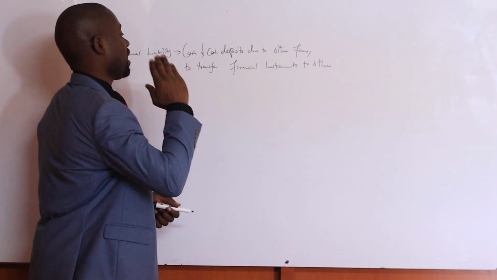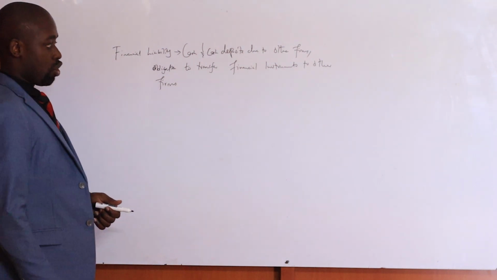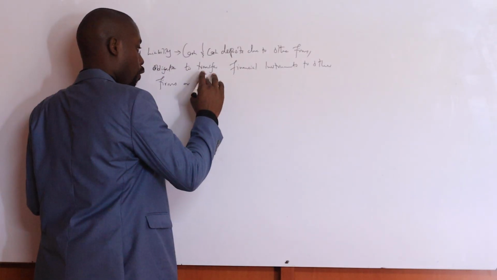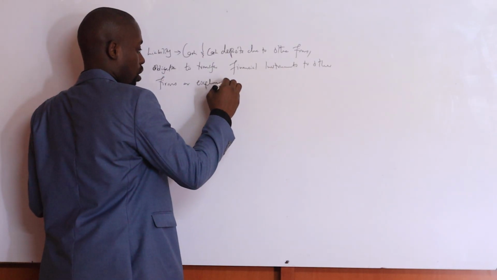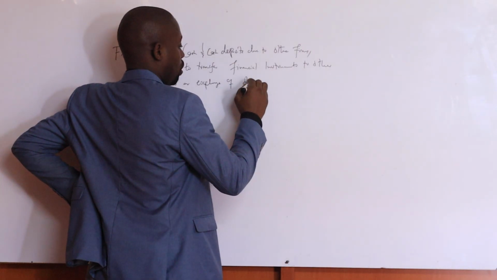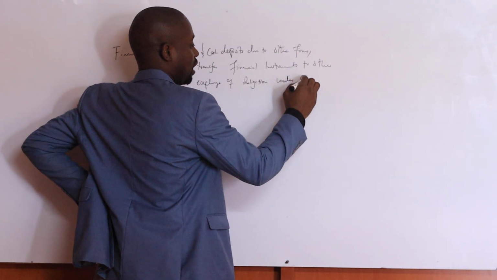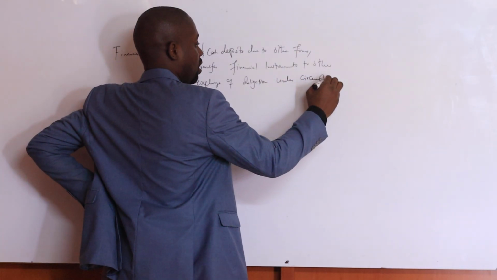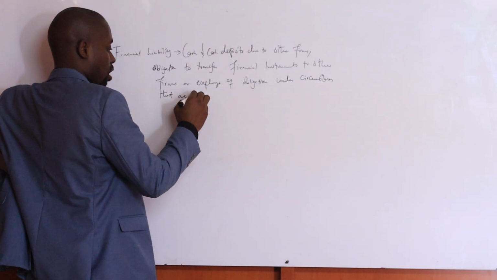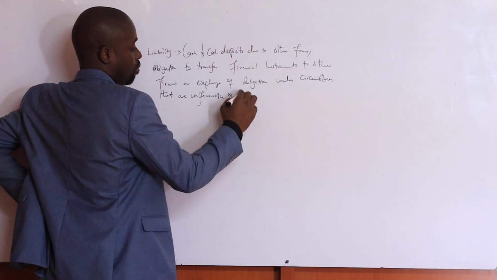So you're saying it is cash and cash deposits due to other firms. Number 2, obligation to transfer financial instruments to other firms. Or what? Exchange of liability, exchange of an obligation under circumstances that are unfavorable to the firm.